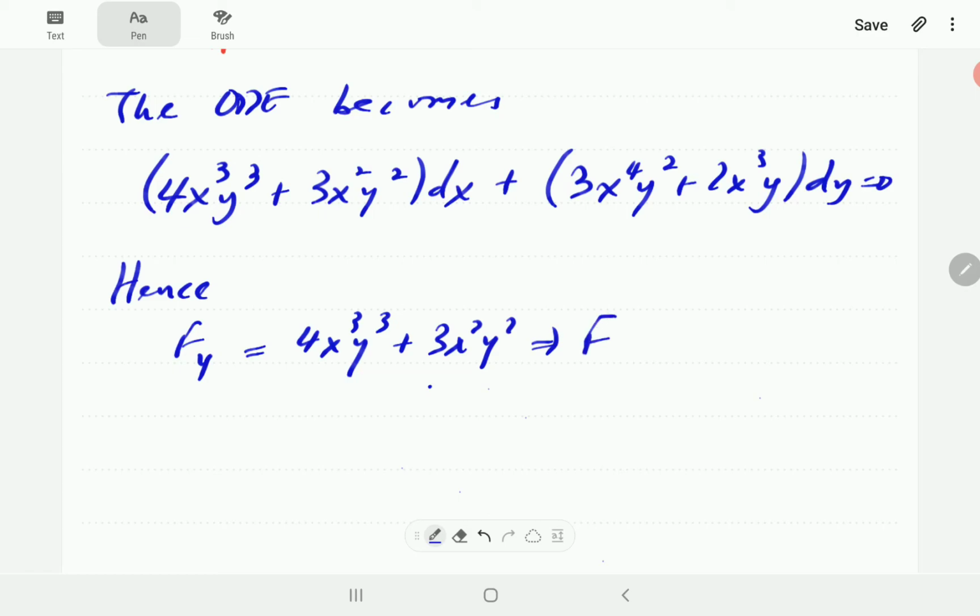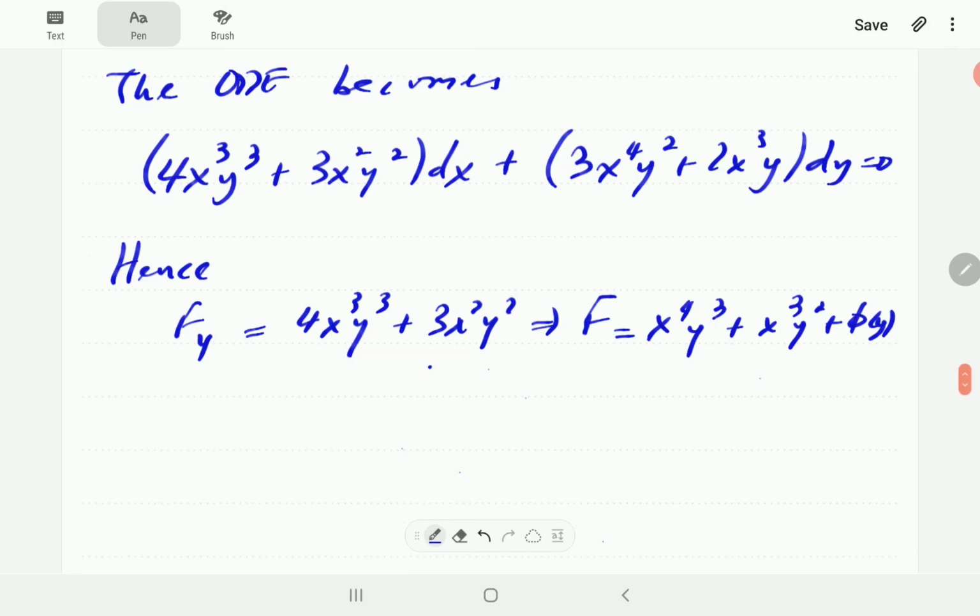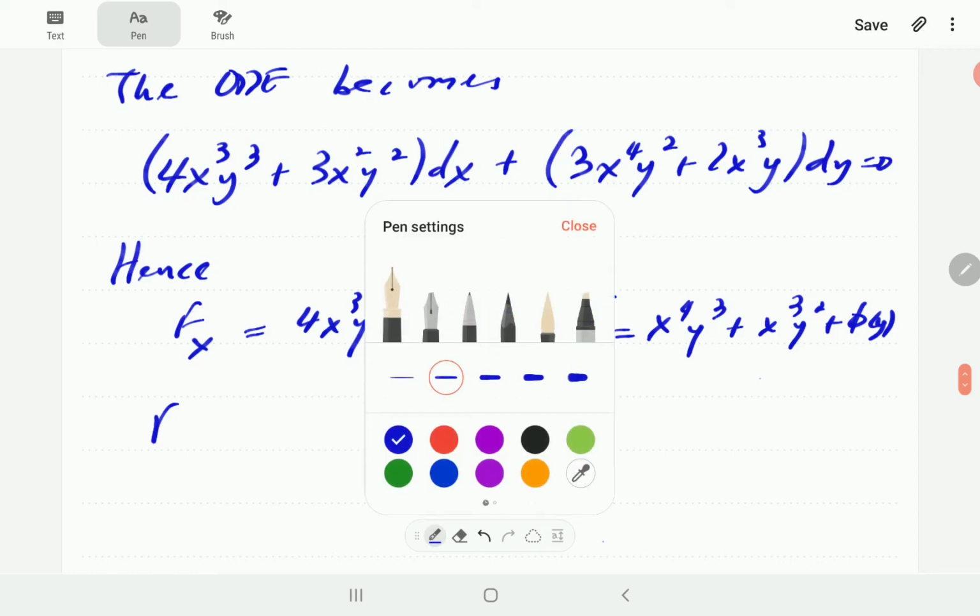If we integrate this with respect to x, then this is going to be x^4 y^3 + x^3 y^2 plus phi of y. Sorry, this is f_x actually, so that was integrating with respect to x.